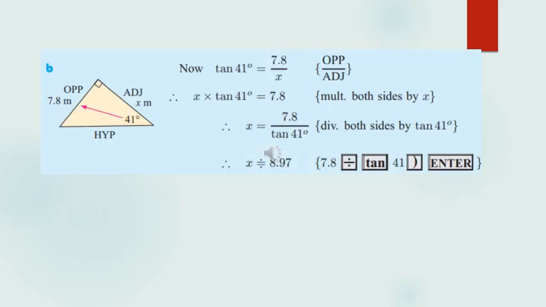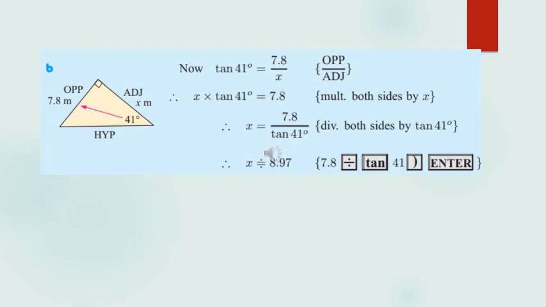Okay, in this example, we have an angle which is 41 degrees in a right angle triangle, and we have a given side which is the opposite to the angle, and it is equal to 7.8.